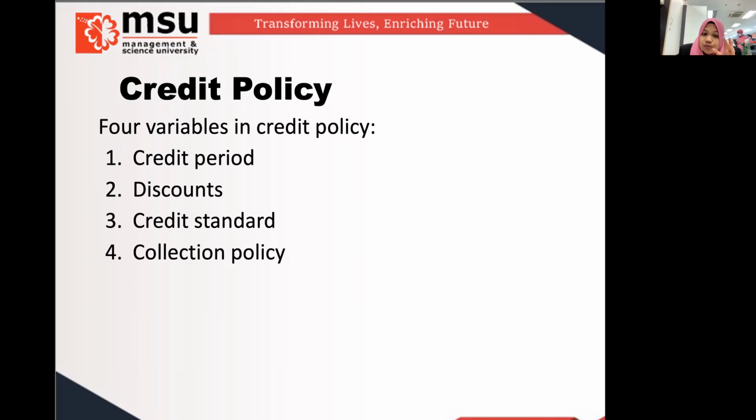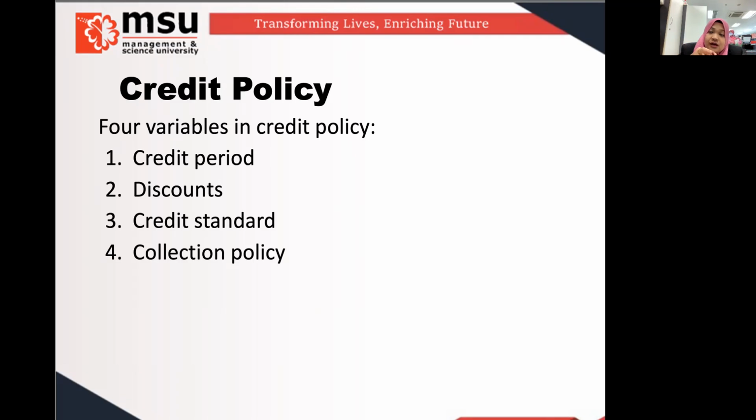So collection policy can be done through phone calls. It can be done using a letter. It can be done using a collection agency. Collection agency means that you sell the debt, the account receivable, to the collection agency, then the collection agency will do their part.